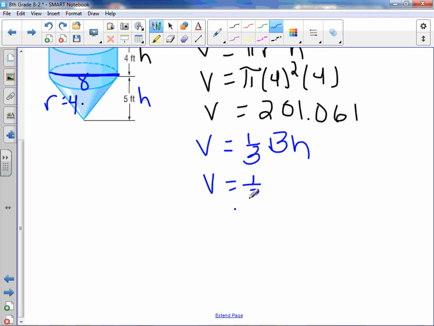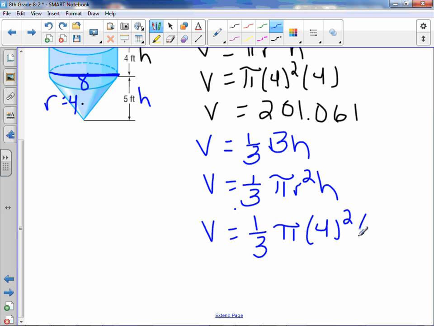Volume equals 1/3 pi r squared h. Plug in what you know. 1/3 pi. Radius is 4. Height this time is 5. In your calculator, 1/3 times pi times 4 squared times 5, 83.775.